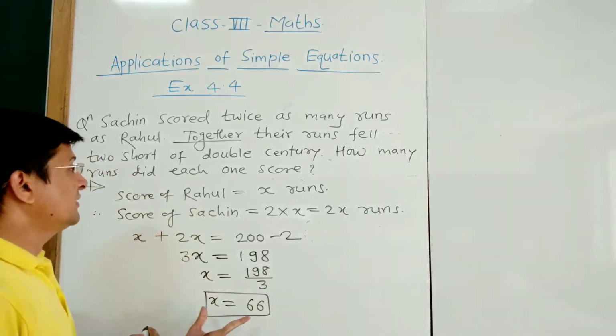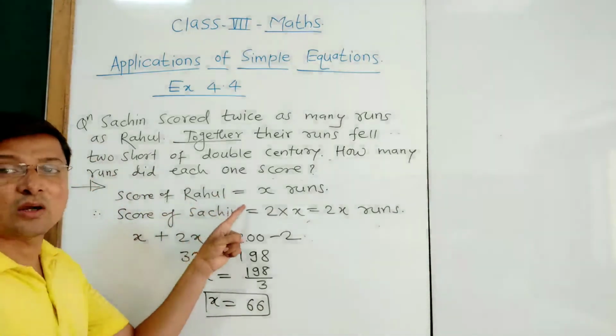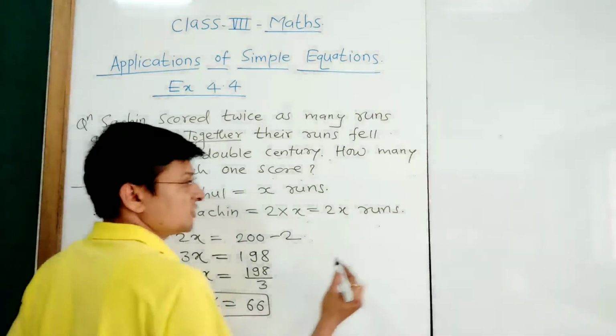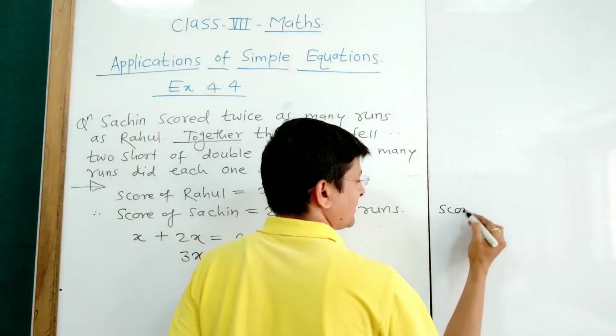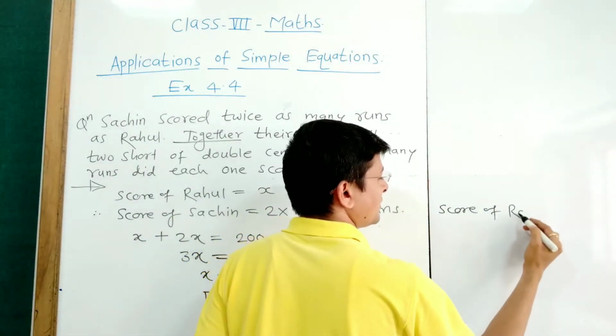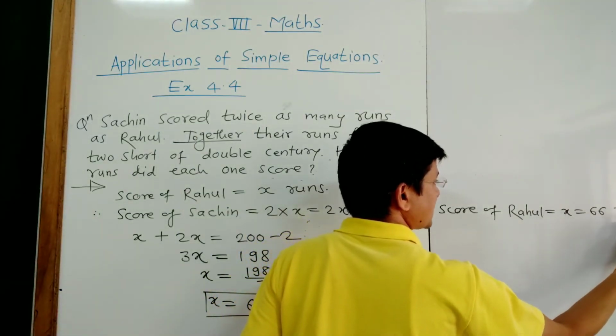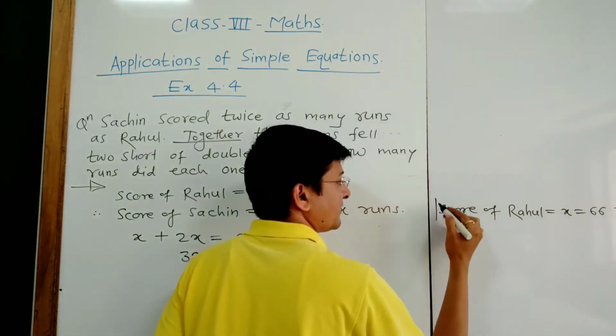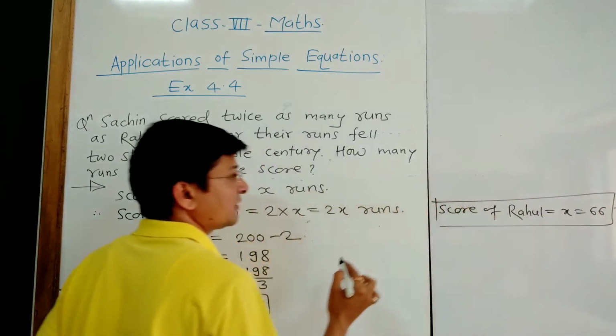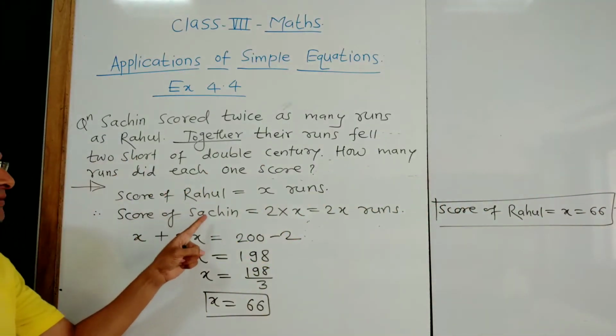Now x is what? X is the score of Rahul. So here we can write score of Rahul. Score of Rahul is equal to x and is equal to 66 runs. Okay. Now to find the score of Sachin.